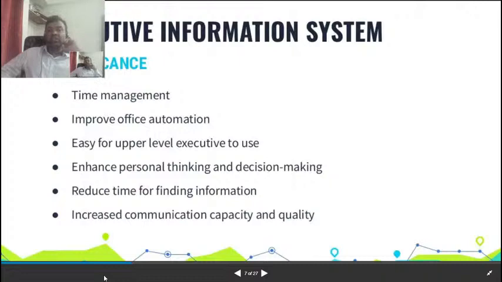Enhance personal thinking and decision making. Obviously, it will give scope for brainstorming. Okay, whenever the board of directors or management team meets, they have better information. Based on that information, they will give individual opinions that will lead to brainstorming and new solutions, new thinking on many options from different perspectives and different opinions, and it will be very easy to go for decision making.